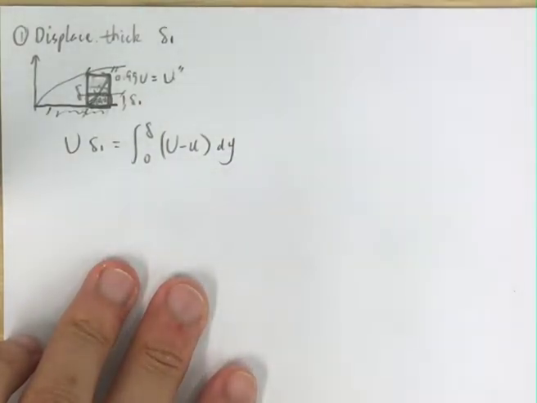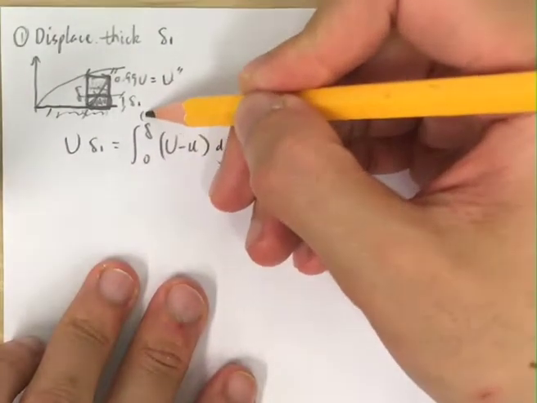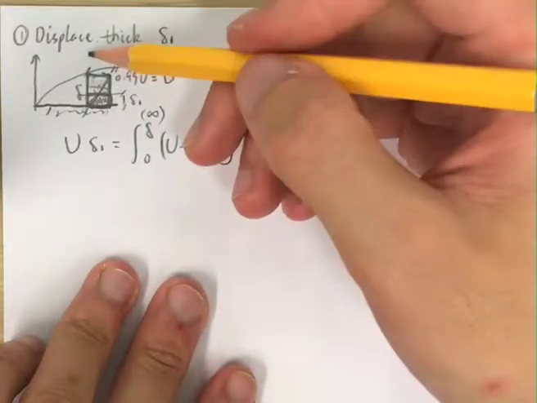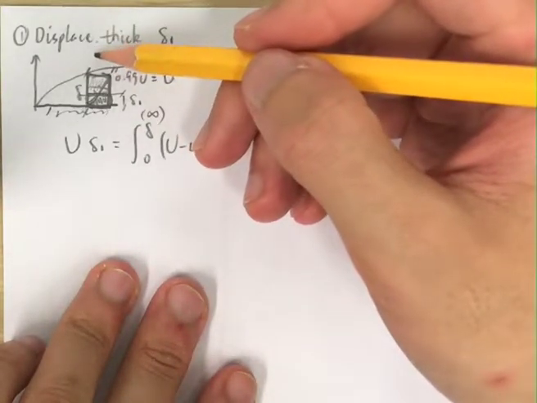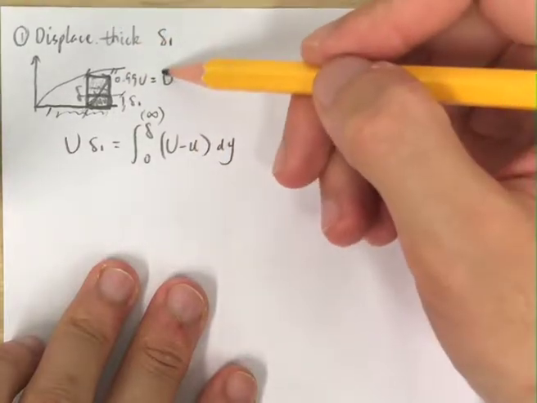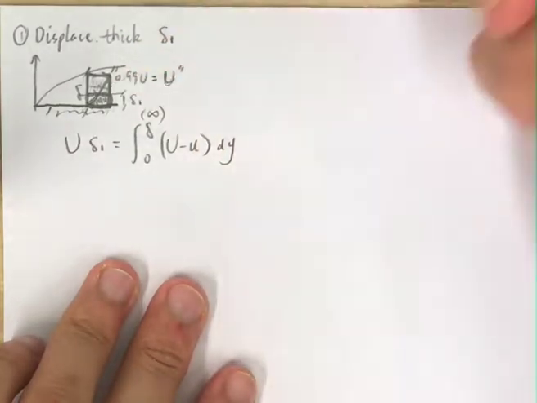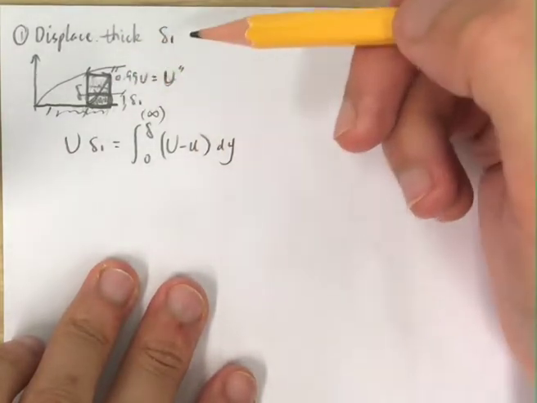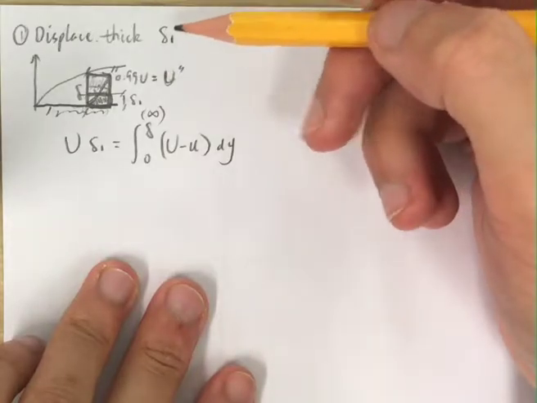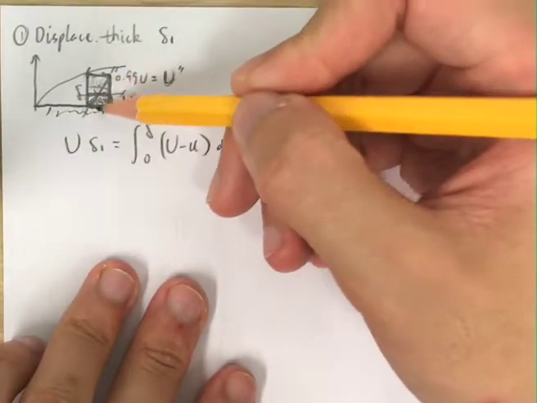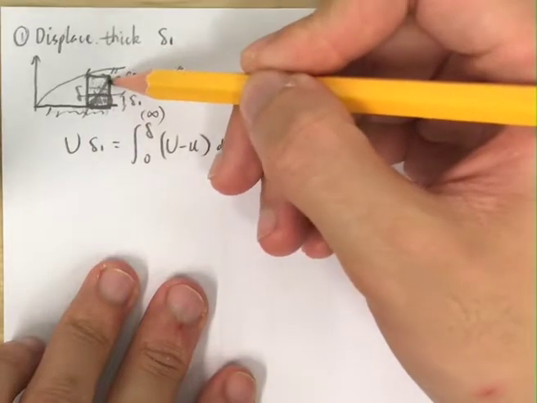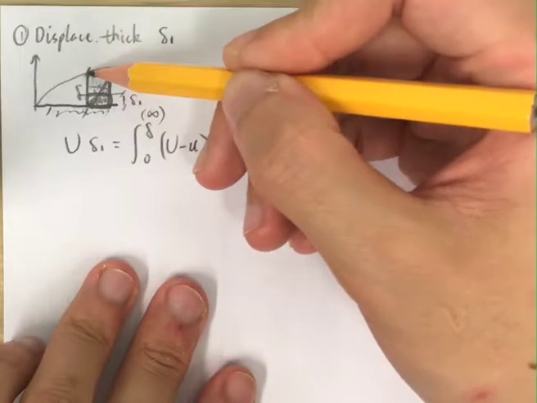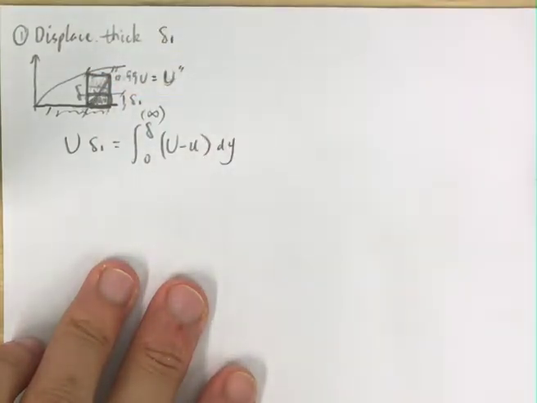Well, to be more exact, the delta here should be infinity, right? Only at infinity will the velocity be exactly the same as U. But we said 99% is good enough for us. So we can say the difference between this profile and this profile ends just at the top of the boundary layer.